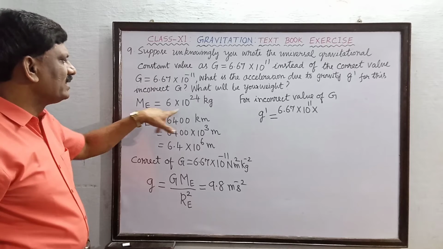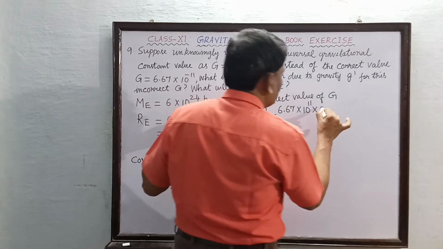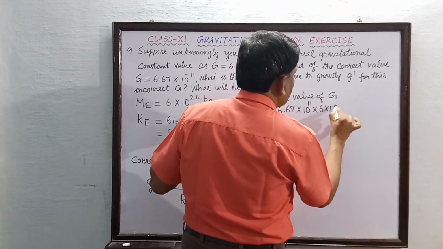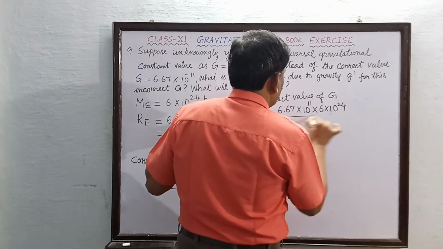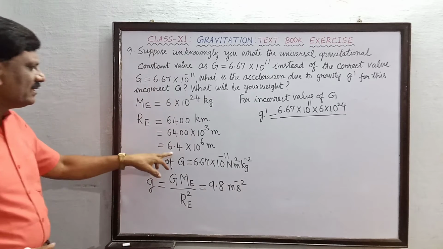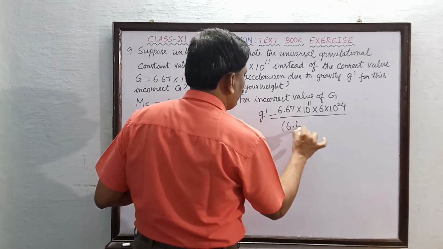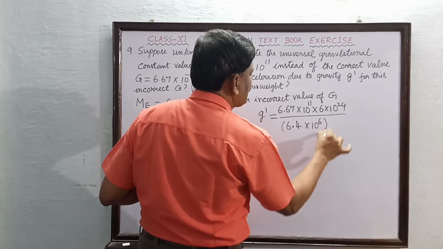Mass of the earth is what? 6 into 10 power 24 kg, divided by radius the whole square. So this is 6.4 into 10 power 6 the whole square.